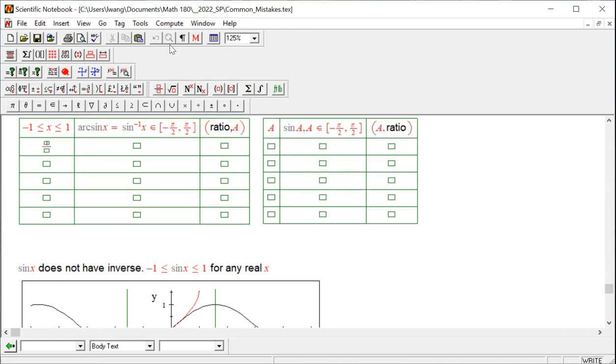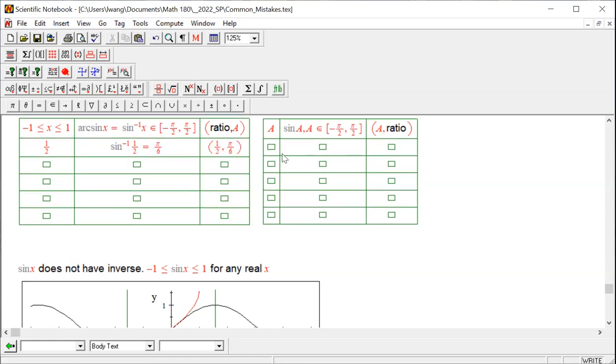You also see concrete relationships. For example, arc sine of 1/2 equals pi/6. We are familiar with that. So the input is 1/2, the output is pi/6, and the domain and range are spelled out.